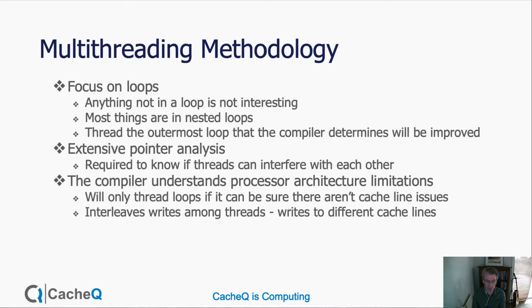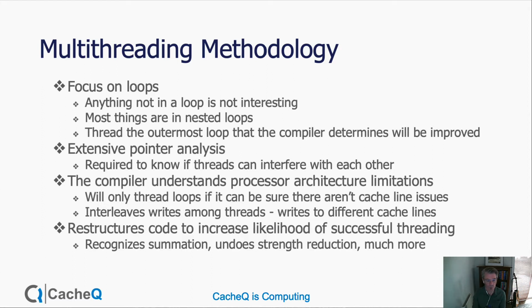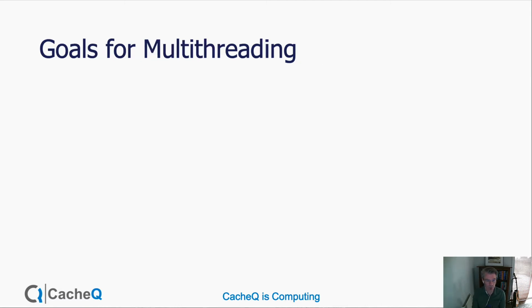It'll also interleave writes among different threads, which also improves performance. And it'll restructure the code that's generated in order to increase the likelihood of success. It recognizes things like summation, strength reduction, and much, much more. So this gets particularly complex when you're doing floating point math inside of loops.